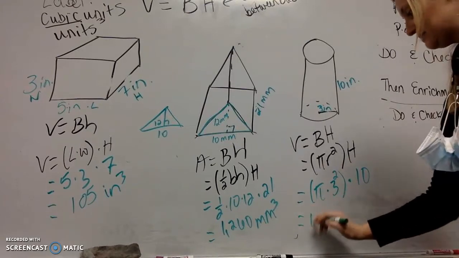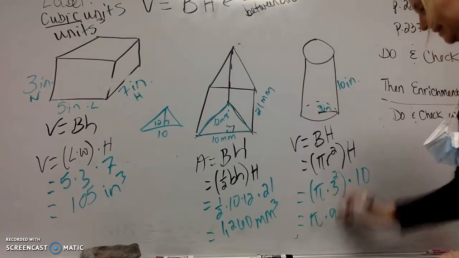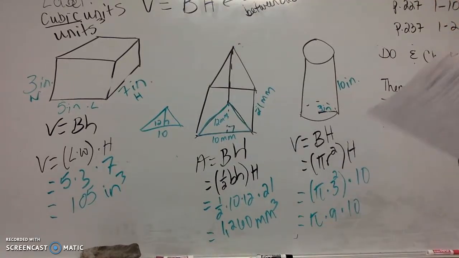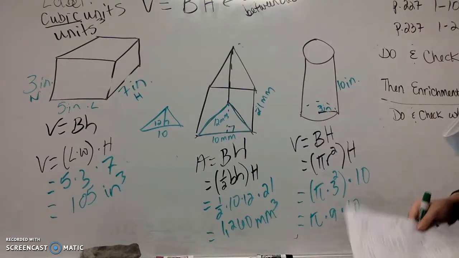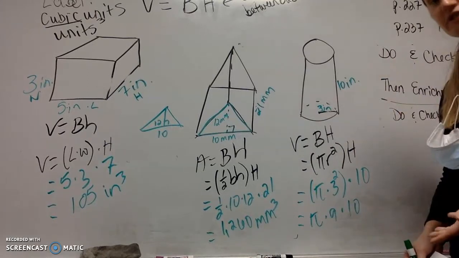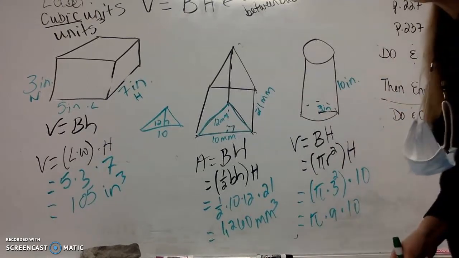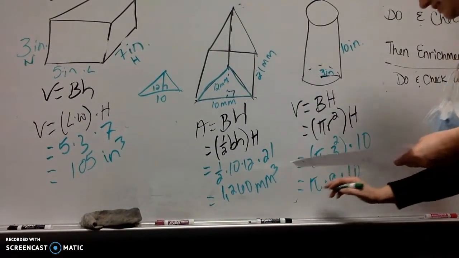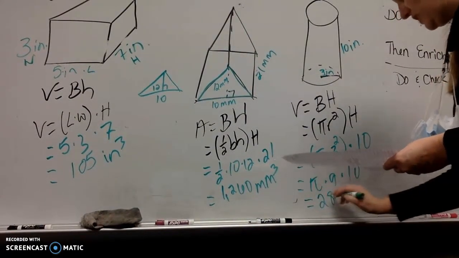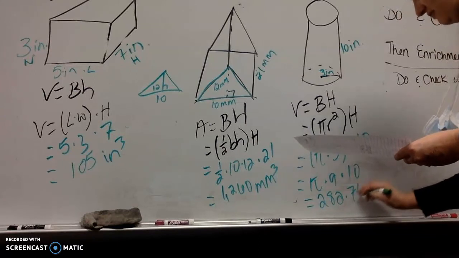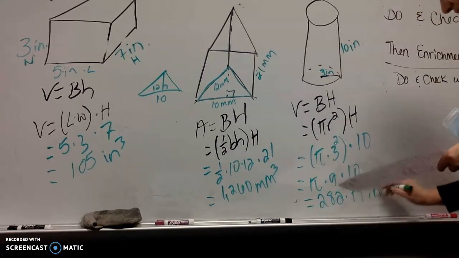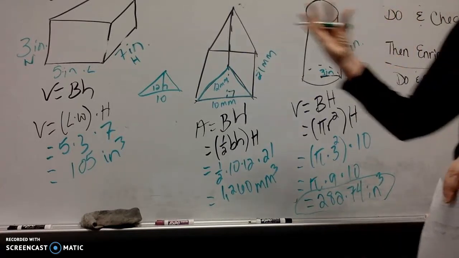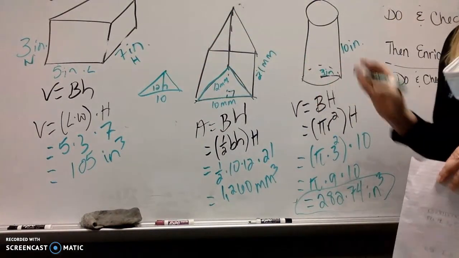So that becomes pi times 9, 3 squared is 9, times 10, and now I can plug that straight into my calculator. Because I'm multiplying by pi, an irrational number, my answer is going to be irrational, which is a nasty decimal, so I want to make sure to round that. So if you round it, it's going to be about 282.74, and again, I want to say cubic inches because it is volume. And so that's how you find volume of prisms and cylinders.